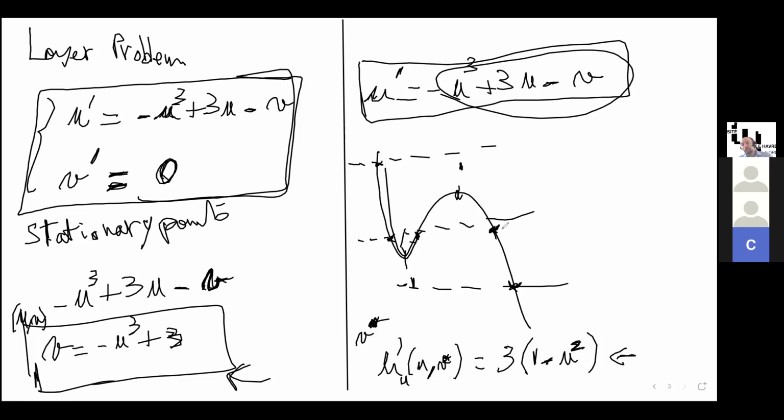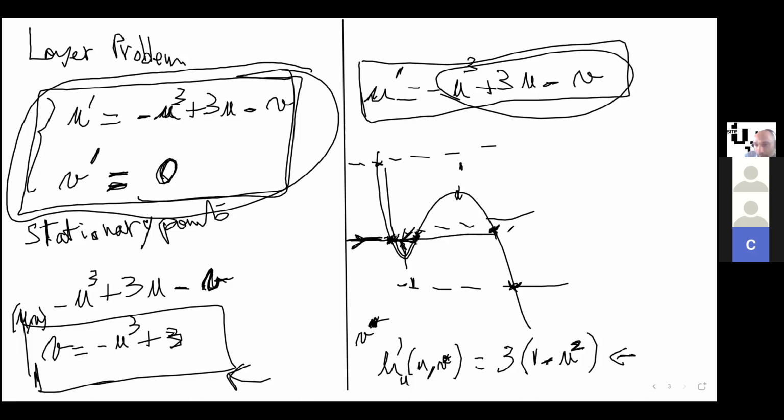So now this means what? For given v, here the dynamics of this equation are like that. The stationary point here is stable for fixed v. This one is unstable, and this one is stable, right?